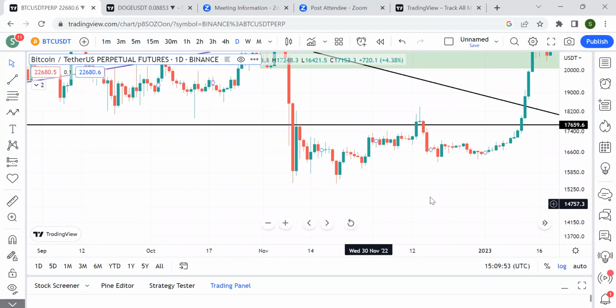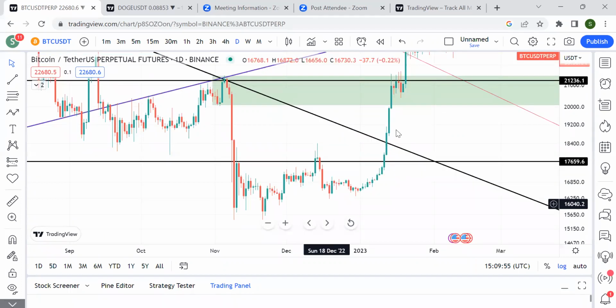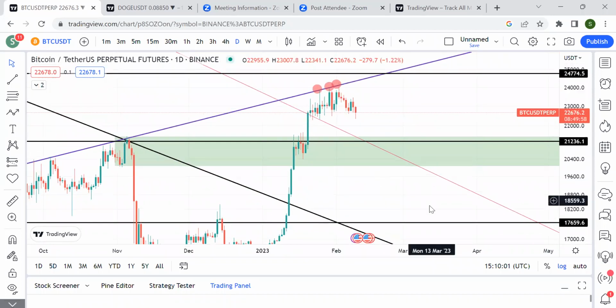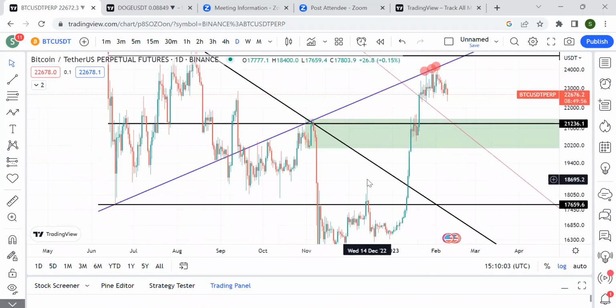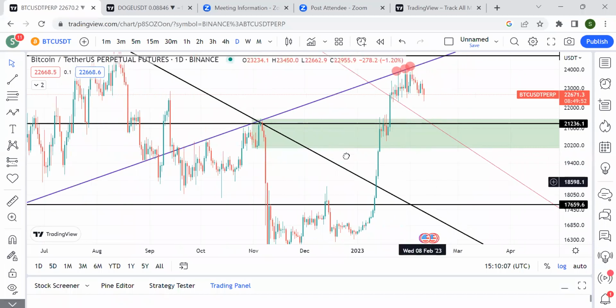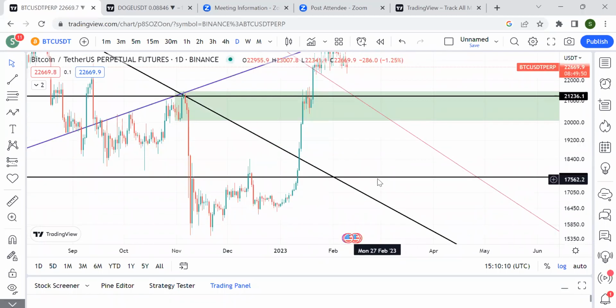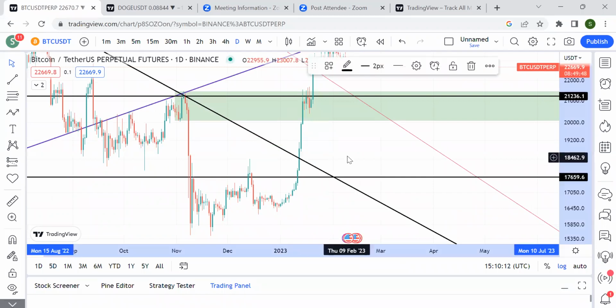Okay, so when it reclaimed that range, it didn't retest it. That's why I'm looking towards the downside, because there are too many things remaining in the downside direction: the retest of this range low, the retest of that trend line.